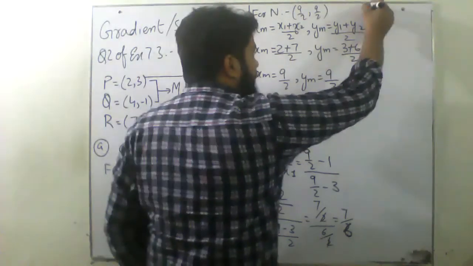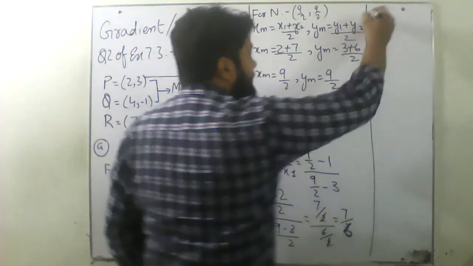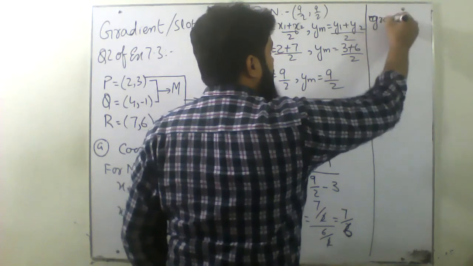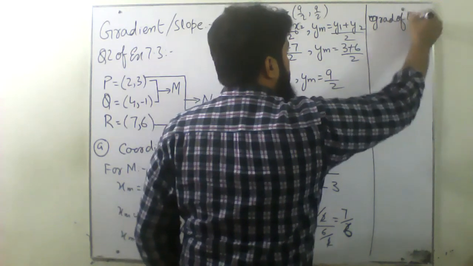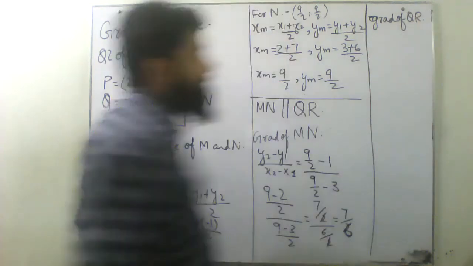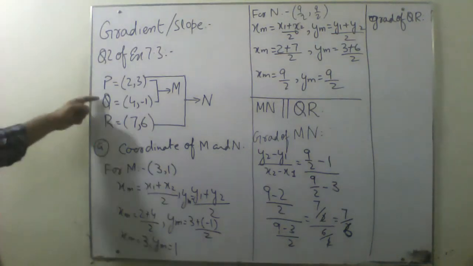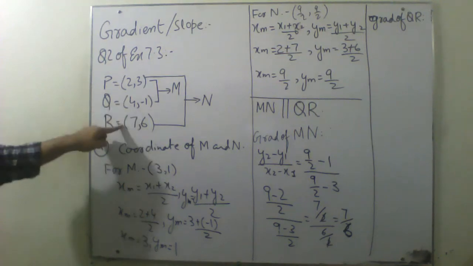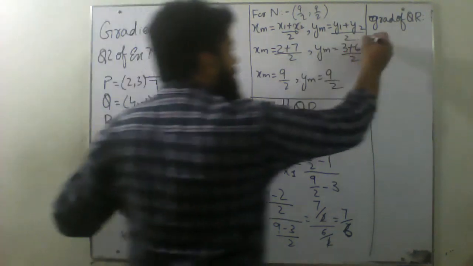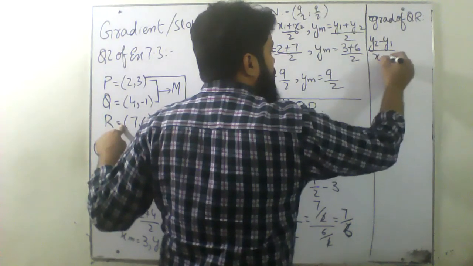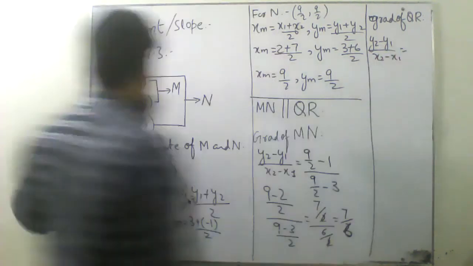Now I'm going to find out the gradient of QR. What are the QR coordinates? These are the QR coordinates. The formula is y2 minus y1 upon x2 minus x1.